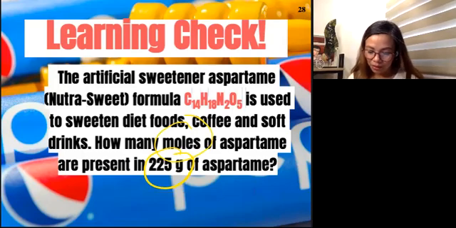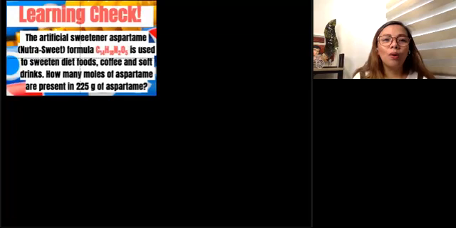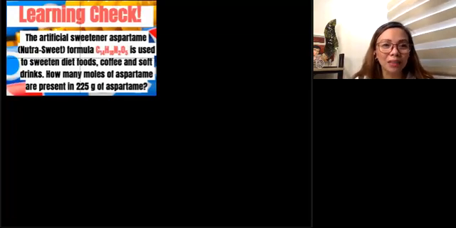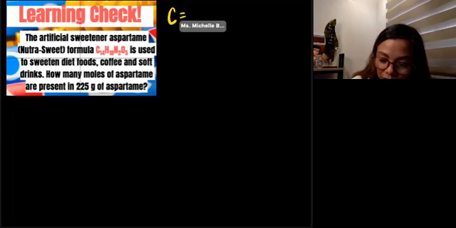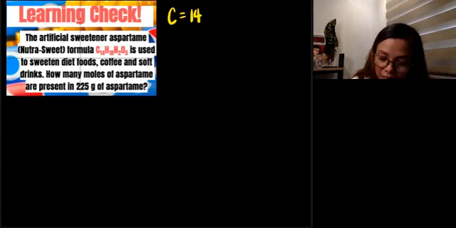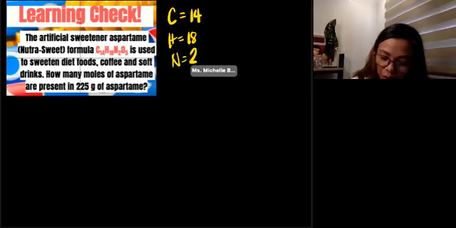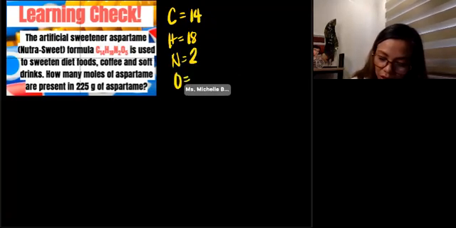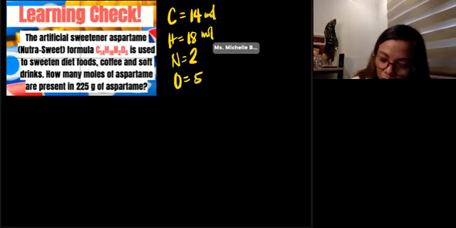Okay, so let's move on. Let's calculate this one. Now, you need the molar mass of the aspartame. So we have C, let's have the shortcut, 14 moles, and then H18, and then N is equal to 2 atoms there, or 2 moles, and oxygen is 5 moles. So this is in mole, mole, mole.